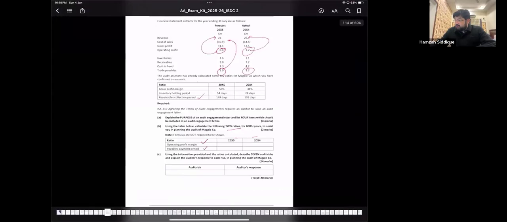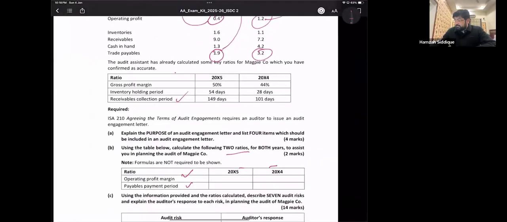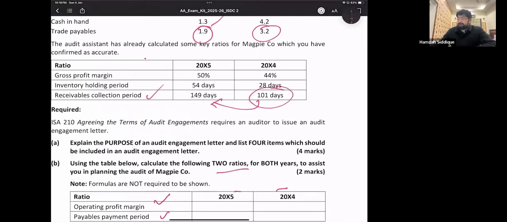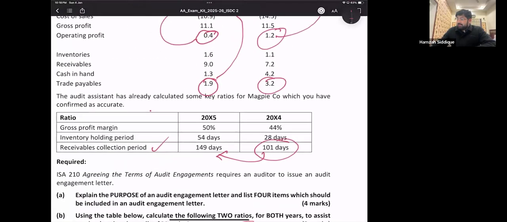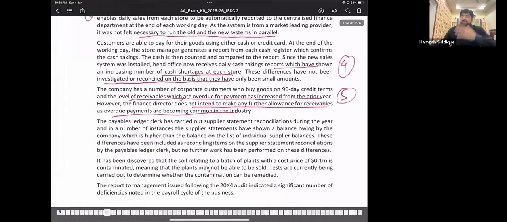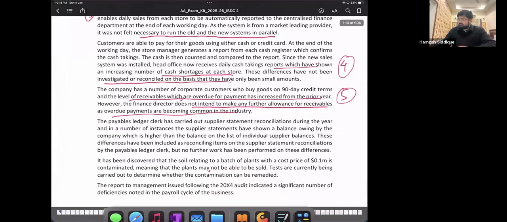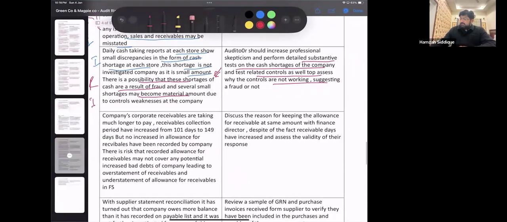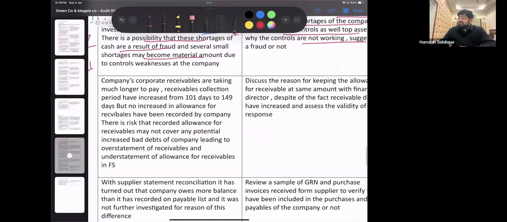You can see it yourself: receivable amounts have increased. We have to give this example, which is very important: the company's corporate customers are taking much longer to pay. Days have increased. Now this is the issue.